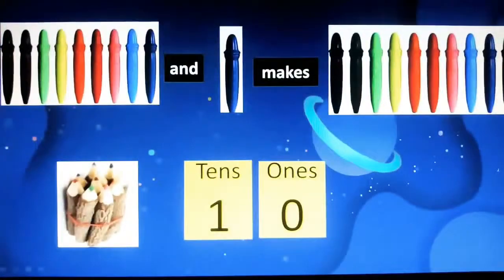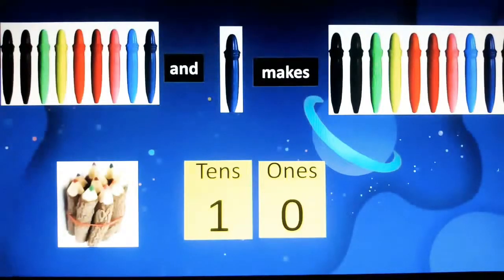As you can see on the screen, what is this? Ooh, these are beautiful and colorful sketch pens. Okay, so let's start counting. 1, 2, 3, 4, 5, 6, 7, 8, 9. And 1 makes 9 and 1 makes, tell me.